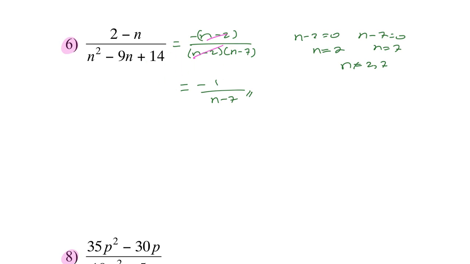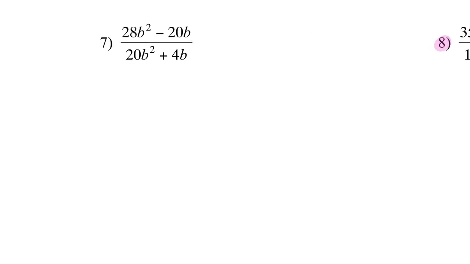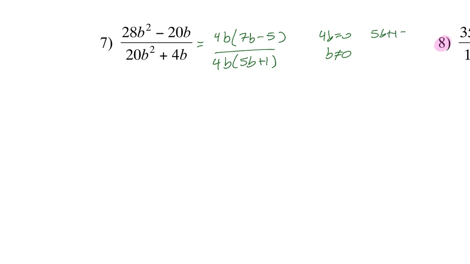Right, so number 7, again, let's start factoring. In this case, I think that I'm going to have to factor both of them. So I can factor the 4b on the numerator. That means that I get 7b minus 5. Then on the denominator, I can factor out the 4b again. So I get 5b plus 1. Again, before I cancel out, I'm going to take the 4b equal to 0. So b cannot equal 0. And 5b plus 1 equals 0.